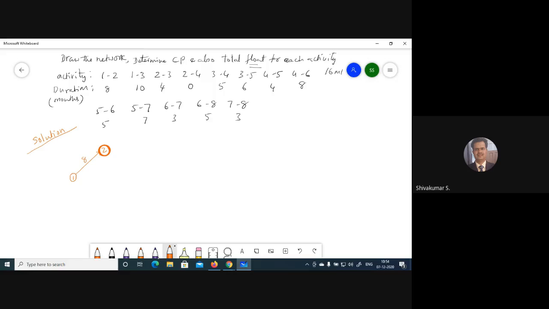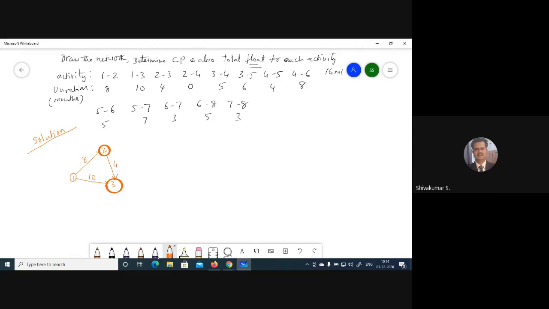Next, 1 to 3 is 10 weeks, 10 months. Next, 2 to 3 is 4 months.